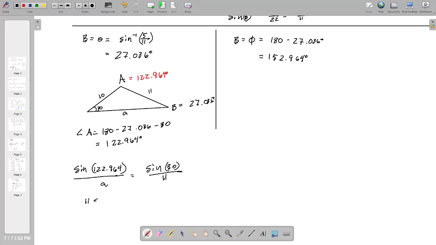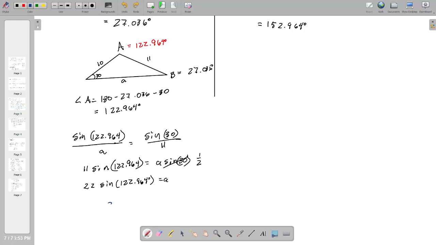And we have 11 times sine of 122.964 is equal to A times sine of 30. And again, sine of 30 is equal to 1/2, so we just multiply the 2 over. So we have 22. 2 times 11 is 22, so we have 22 times sine of 122.964 is equal to A. Doing that in a calculator, we get that A is equal to 18.644.